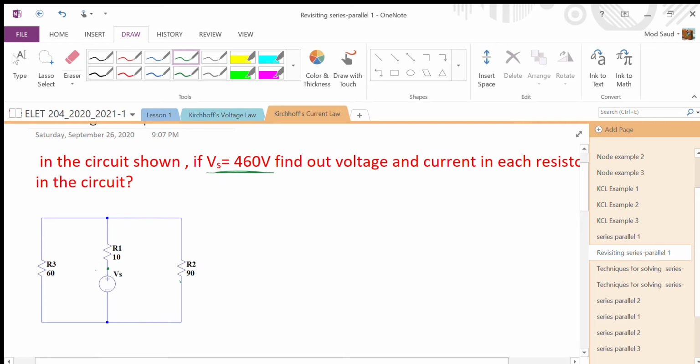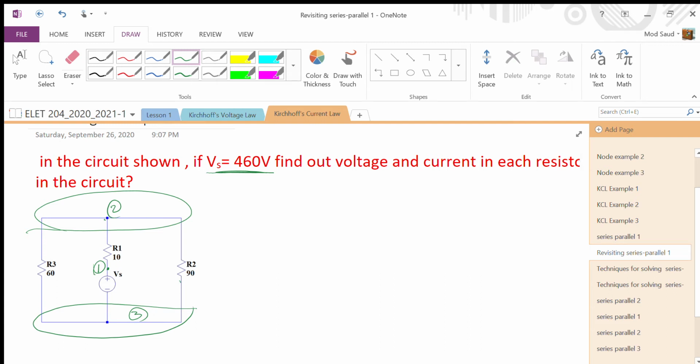So this is node number 1, node number 2, and this is node number 3. Since this circuit has more than 2 nodes, it is not parallel. Node number 2 and node number 3 connect 3 elements, so it is not series.